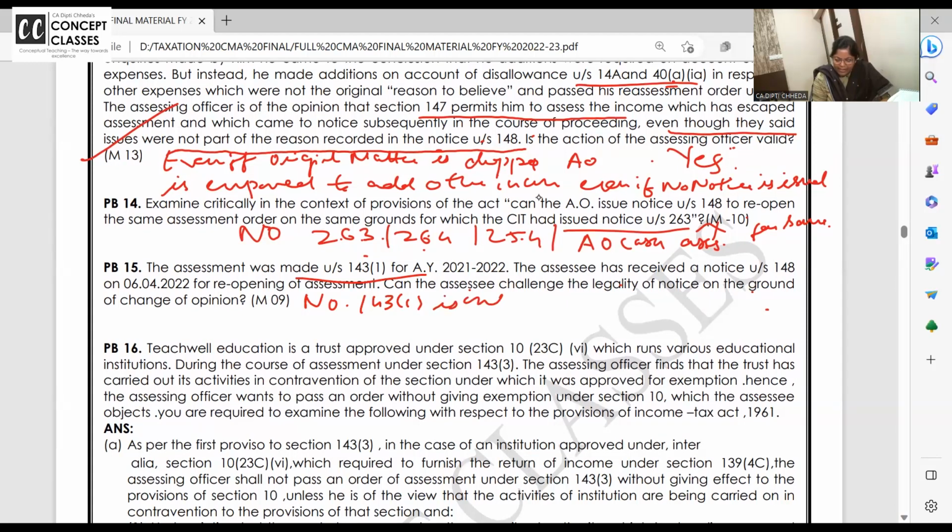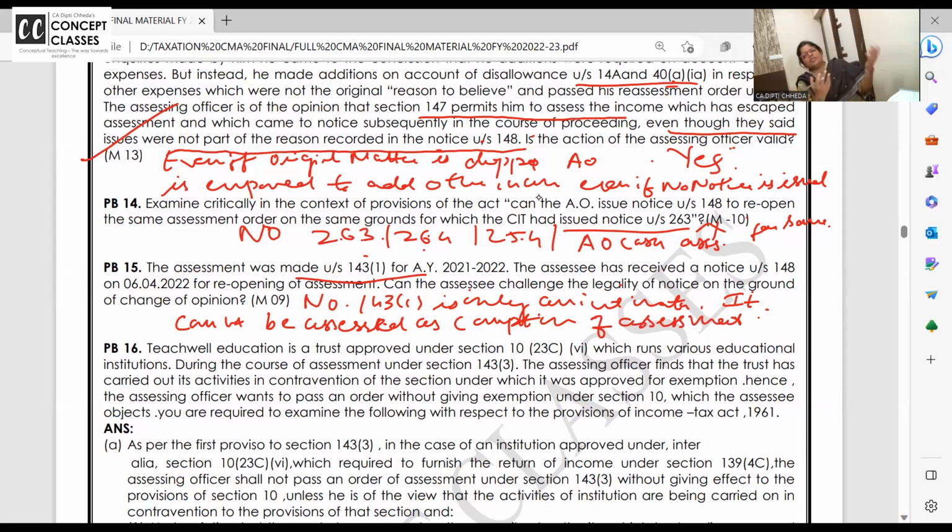143(1) is only an intimation. You know, it's like an acknowledgement, an intimation. 143(1) is only an intimation. Are you all getting? It cannot be assessed as completion of assessment.